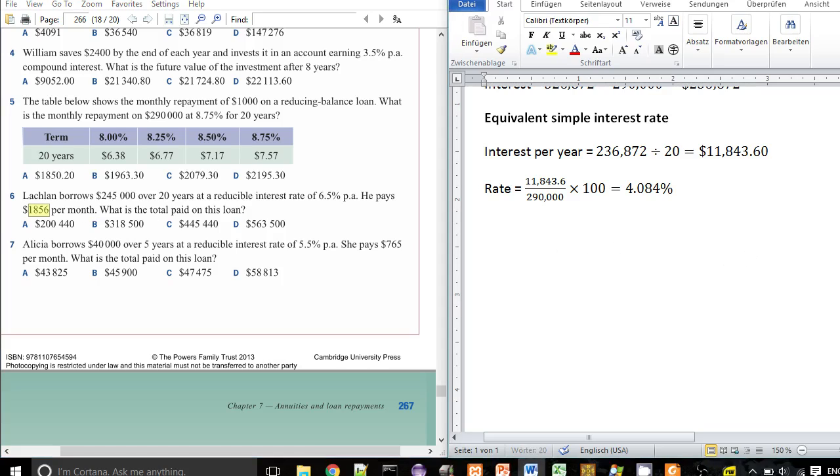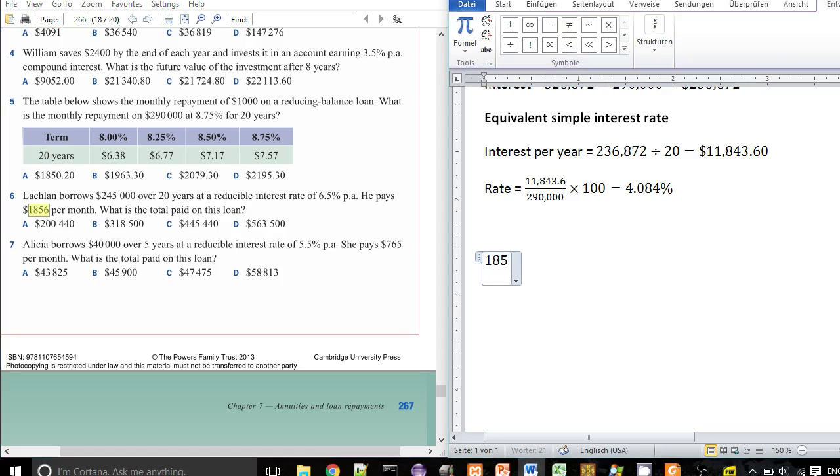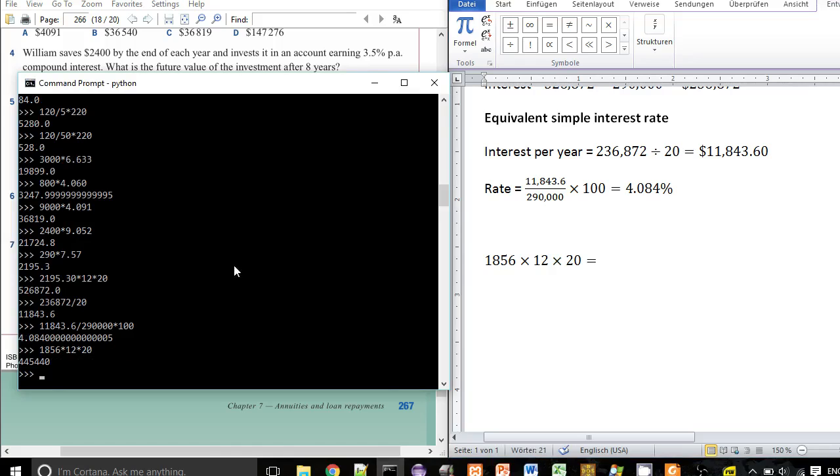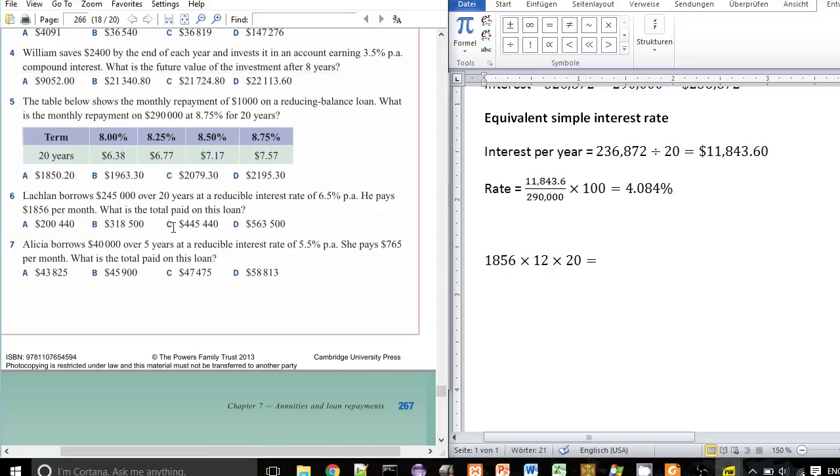So all you need to do is 1856 times 12 months in a year and 20 years. That's it for that one. 445,440. Notice I didn't use the 6.5%. You just have to pluck out the important parts to figure out the answer.